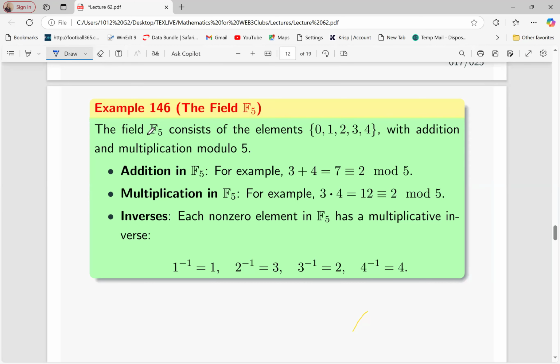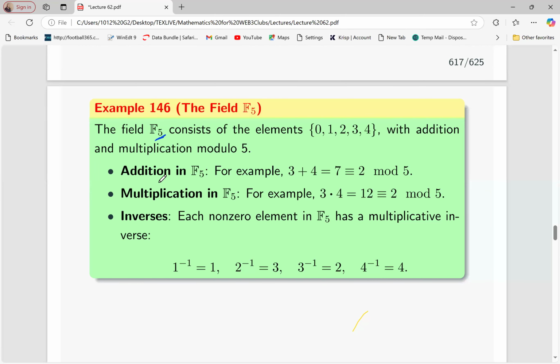And of course, it will be a field because this is P. It will be closed under addition. Pick any two elements, mod 5, 3 and 4 mod 5, the sum will be 2, which is a member of this set. What about their product? The product will be 2 again, which is a member of this field.